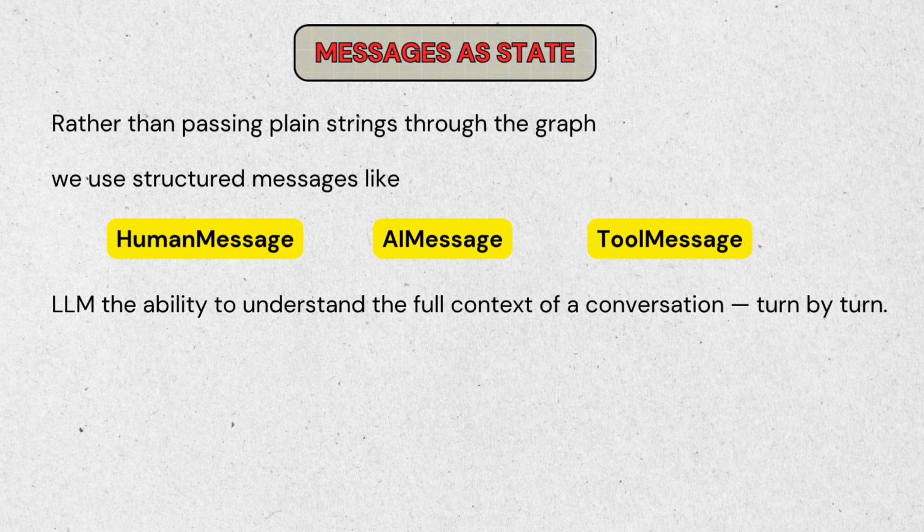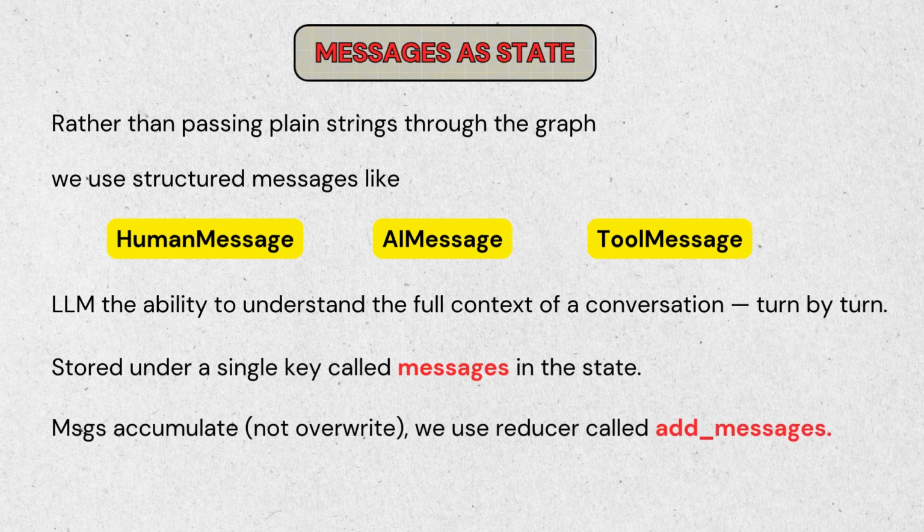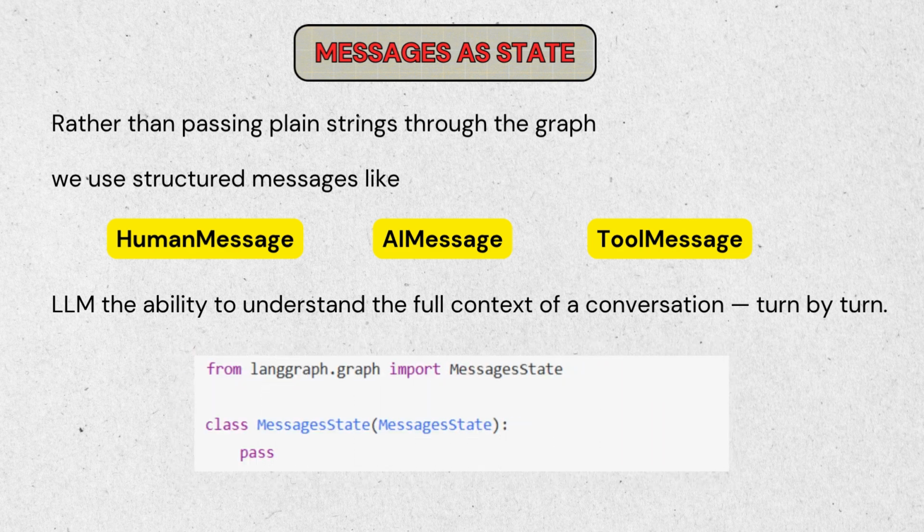These messages are stored under a single key called messages in the state. To make sure messages accumulate, not override, we use a reducer called add messages. Here is how we define it. Or we can use the built-in like this.